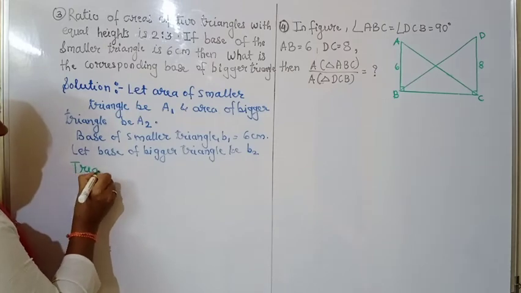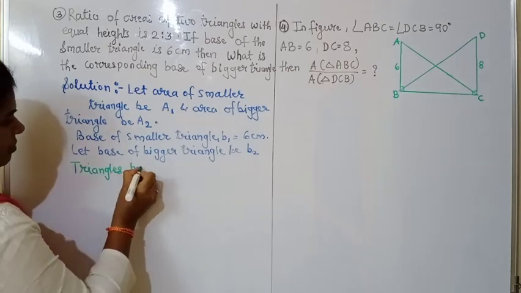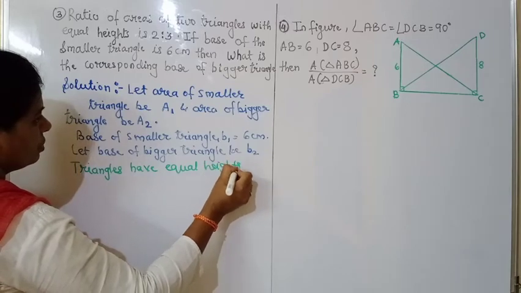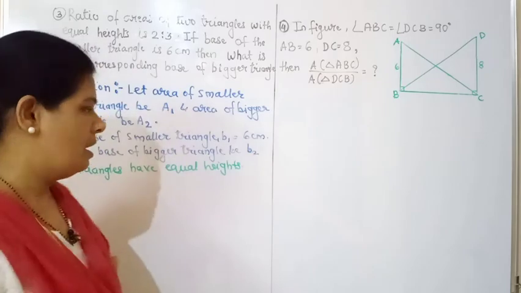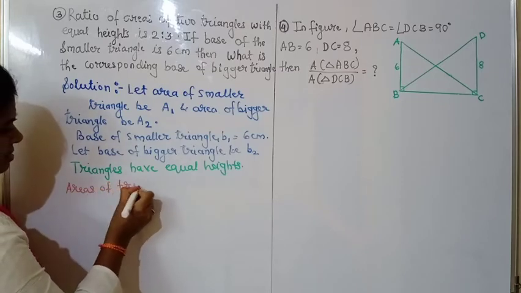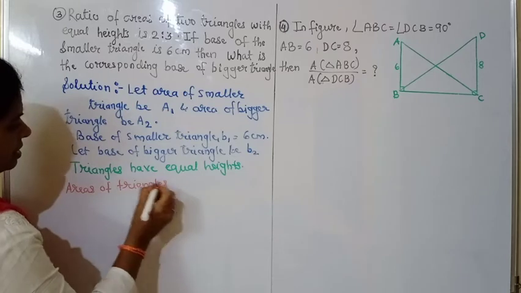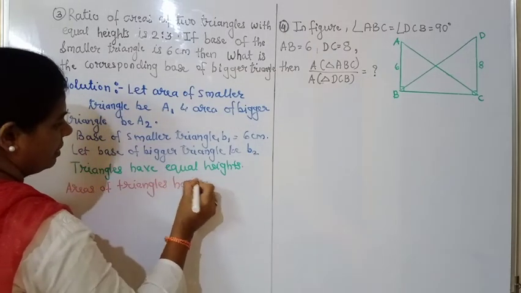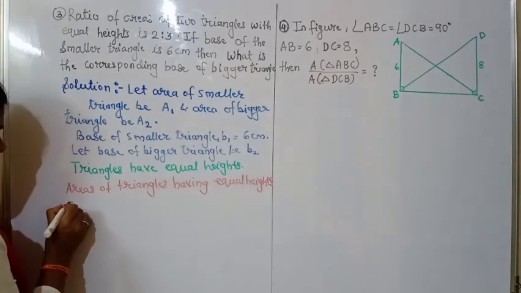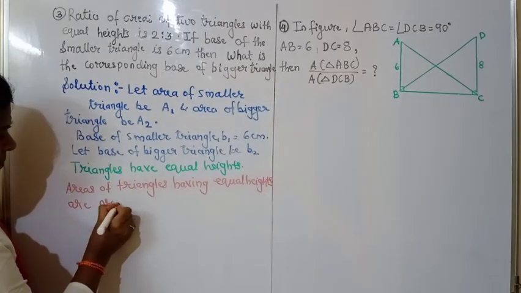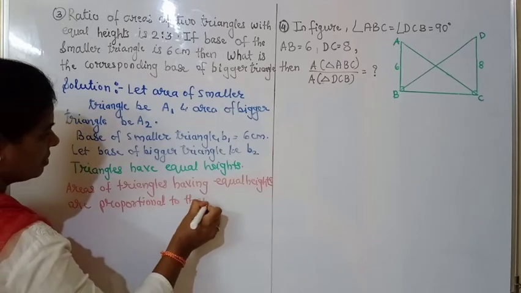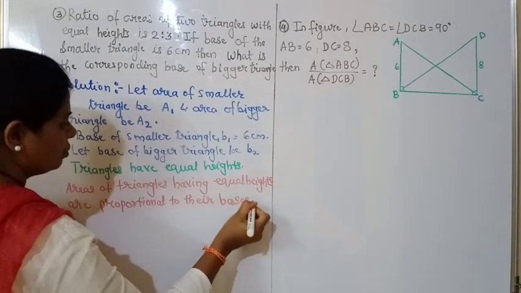So we will consider that the areas of triangles having equal heights are proportional to their corresponding bases.